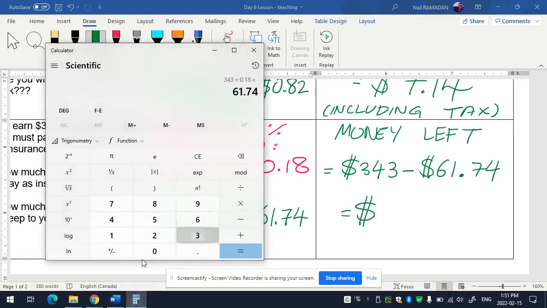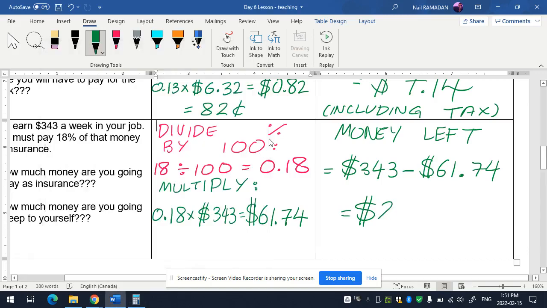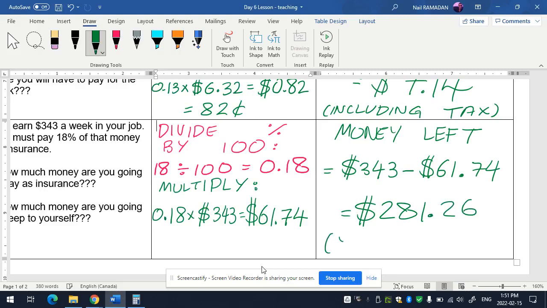I'll just take 343, take away 61.74. So you're going to keep to yourself $281 and 26 cents. So you get to keep that. Okay?